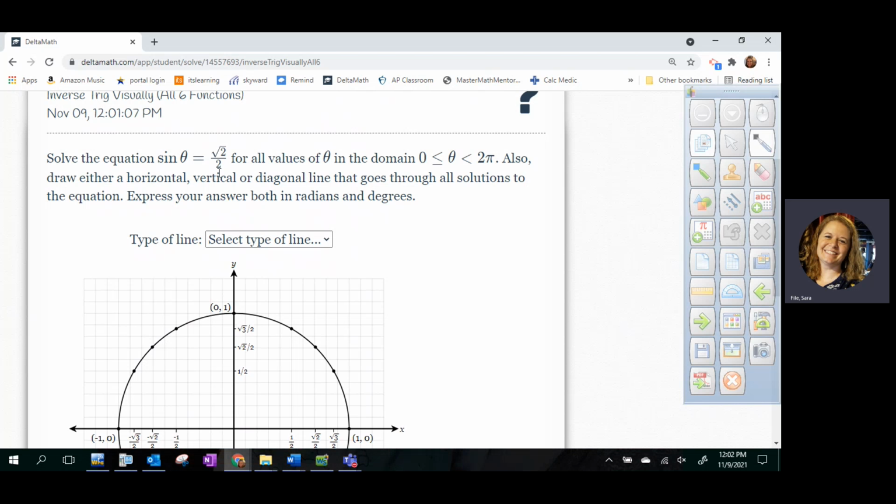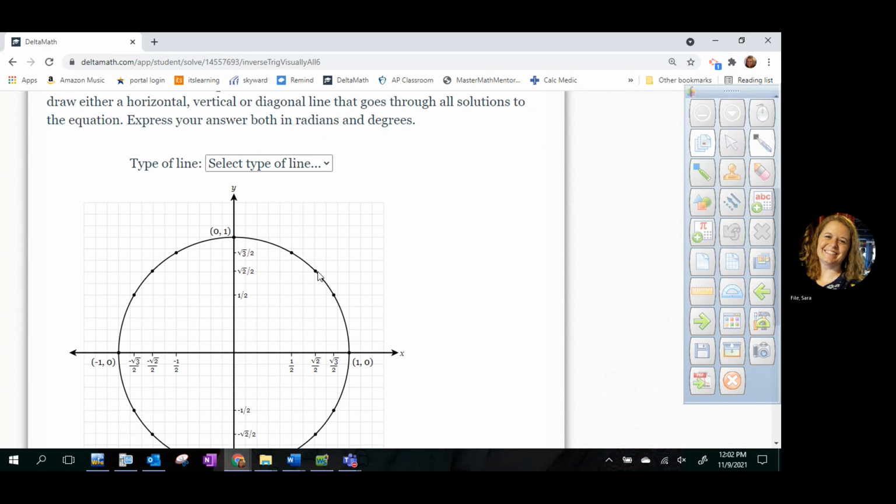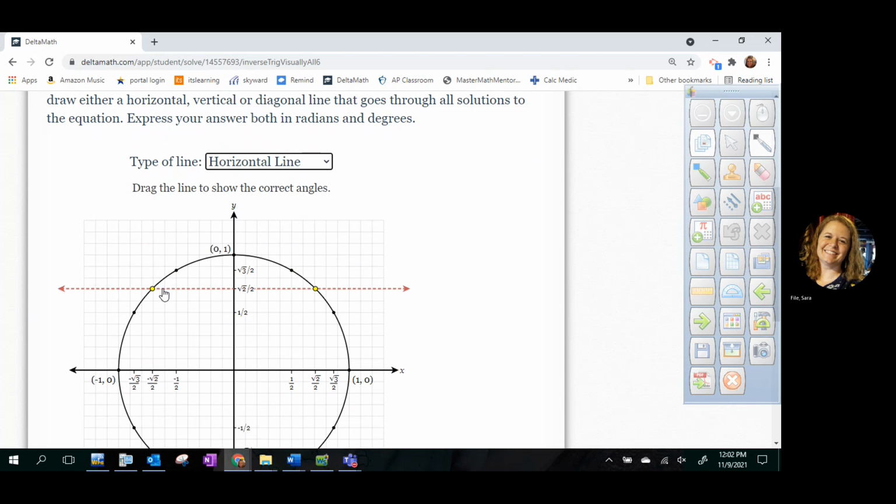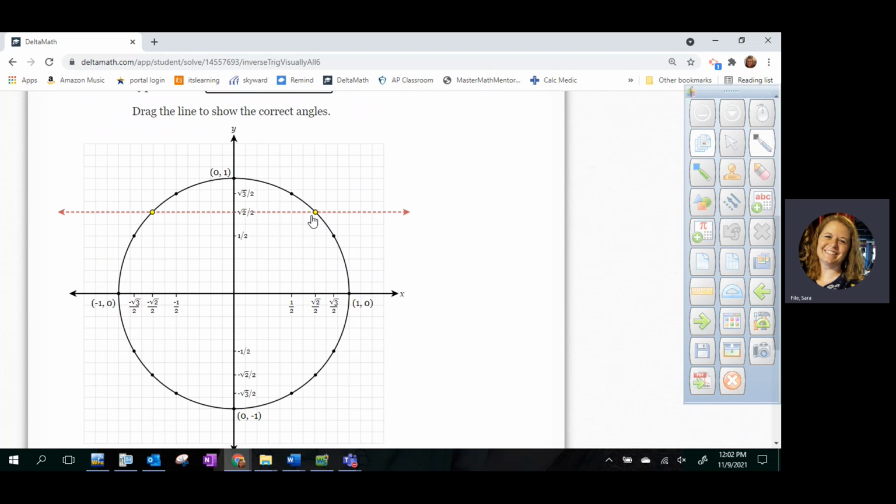Okay, so there's 2 locations for that. So those would be connected horizontally right here. So it'd be the 45-degree angle in quadrant 1 and the 45-degree angle in quadrant 2. So they would be connected by a horizontal line.